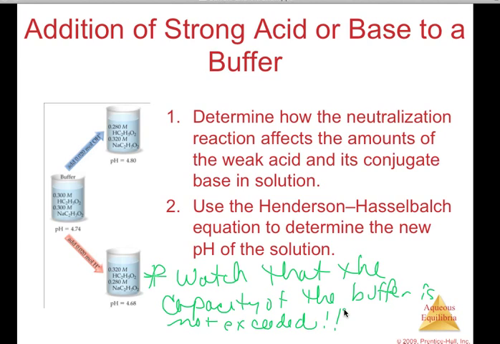If you end up after neutralization with no anion or no weak acid left, you may have exceeded the capacity of the buffer, and the pH of the solution is going to be due to the excess hydronium ion you have, or due to any hydroxide that you have in excess.